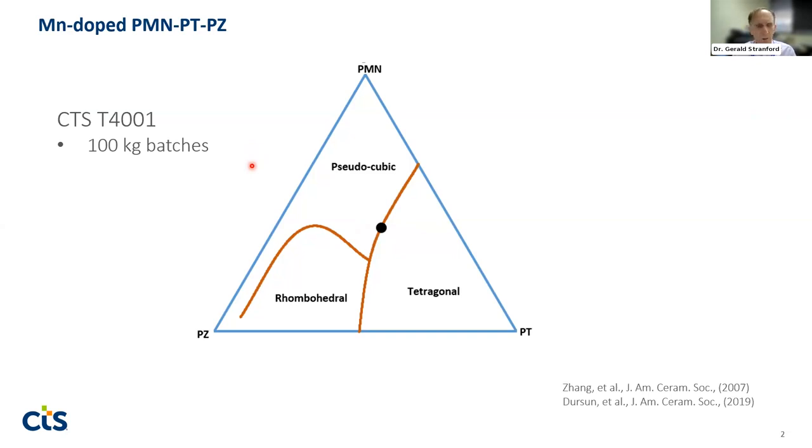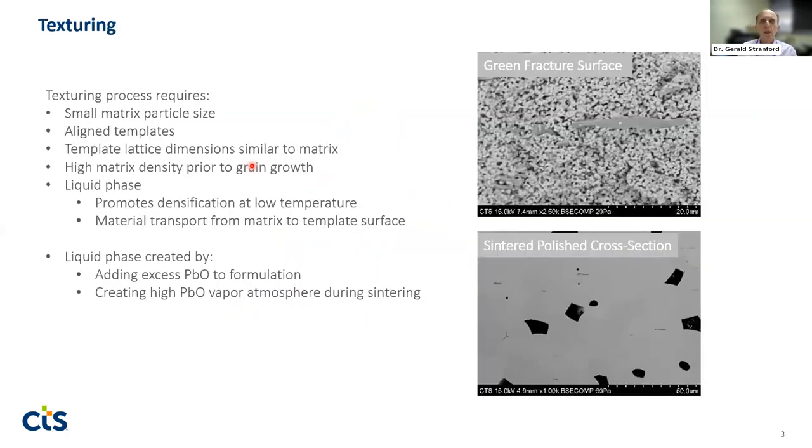Incidentally, by way of background, CTS has multiple sites around the world. I'm located in our Albuquerque, New Mexico facility. Mark already described the texturing, so this is largely reiterating it, but successful texturing requires a small matrix particle size, aligned templates.